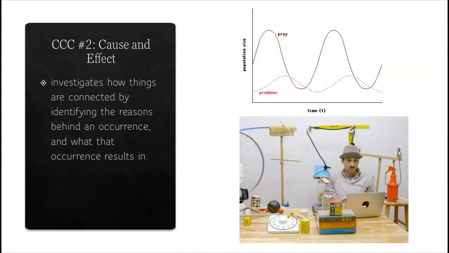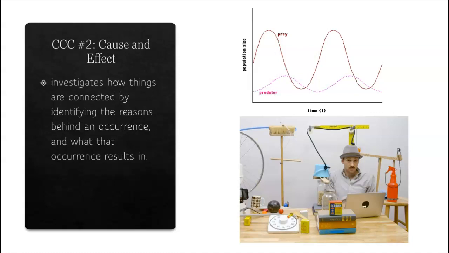The next cross-cutting concept is cause and effect. So this is how different things are connected and identifies the reasons behind that connection. A good example of this is the relationship between predators and prey. When you have a lot of prey, a lot of things to eat, the number of predators, the animals that eat them, goes up.